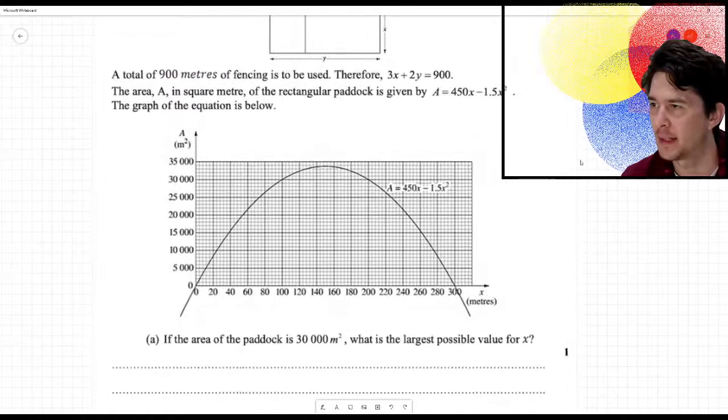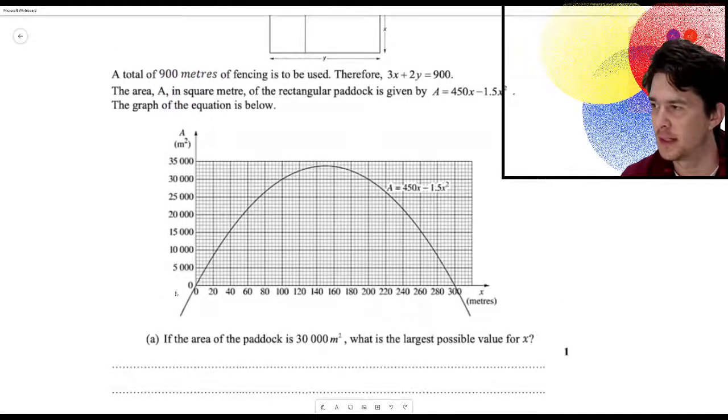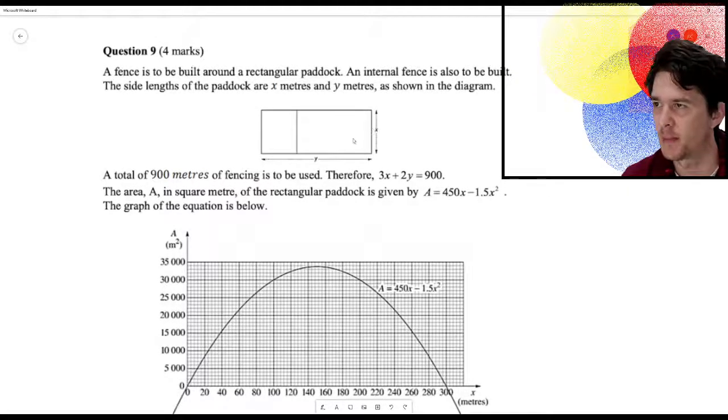So we have a paddock. This graph, we can see X, this is the size of X, right? So depending on how big X is, Y will be determined, right? However much is left after we subtract 3 amounts of X from 900. 900 is the total amount of fencing, right? So if we subtract 3 amounts of X, Y will be half of what's left because there will be 2Y left.